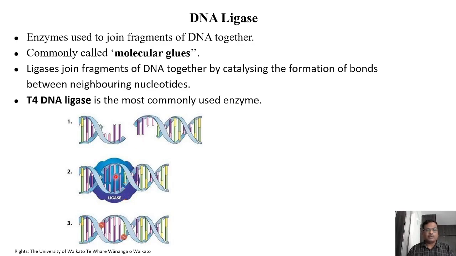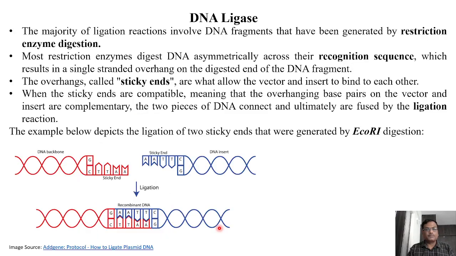The ligase enzyme will help in formation of the phosphodiester bonds, strong covalent bonds, in these two parts. These two strands will be joined together, and now we have a continuous strong DNA molecule which is a recombinant DNA because it is formed by the fusion of two different DNA molecules.